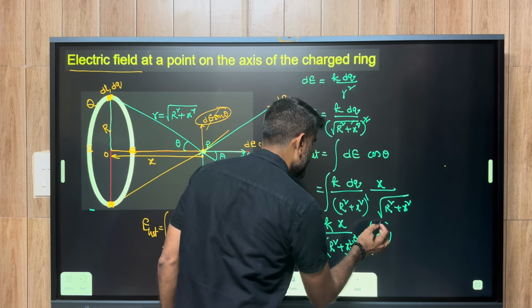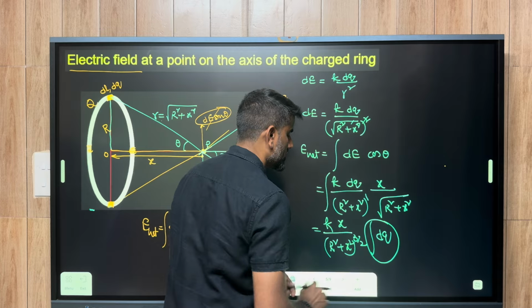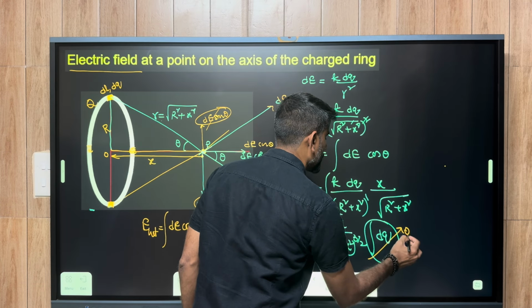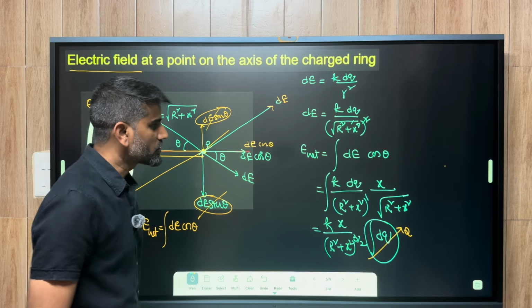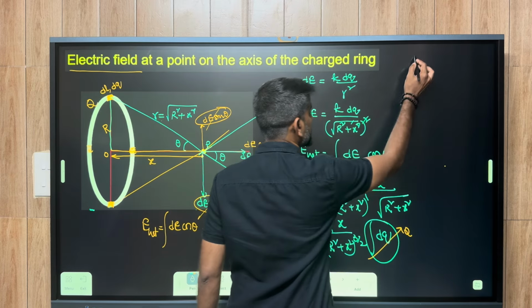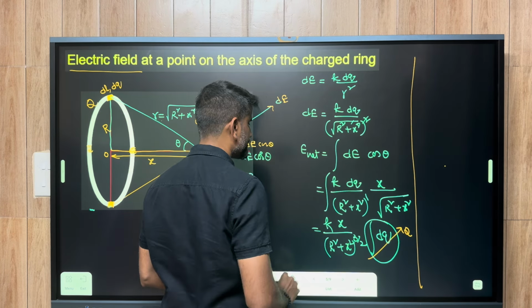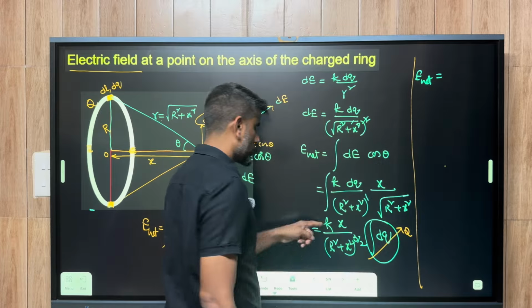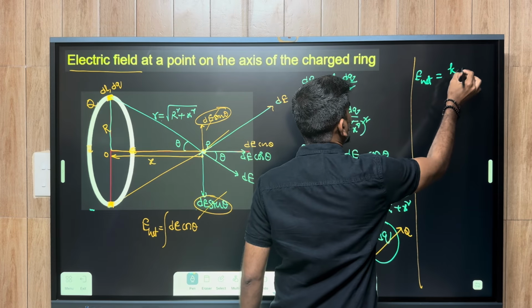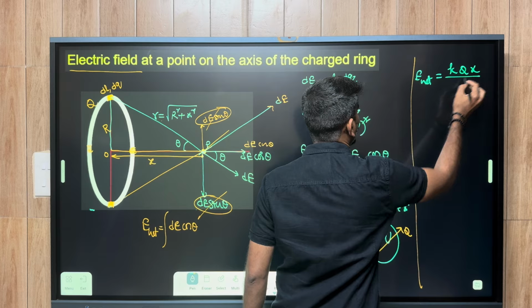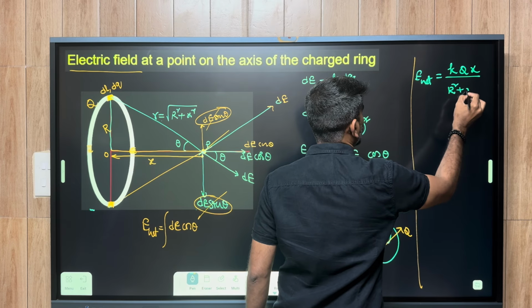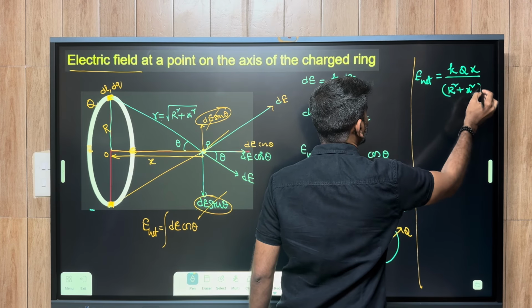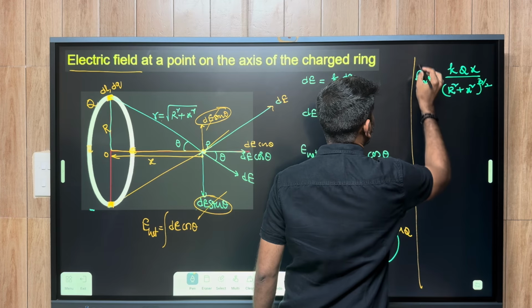This entire integration will give out the total charge q. So I can write the net electric field as E net is equal to k q x upon (r square plus x square) whole to the power 3 by 2.